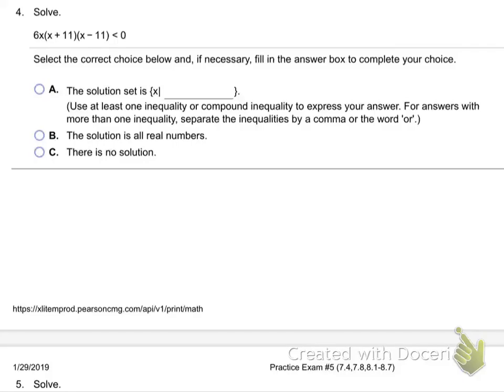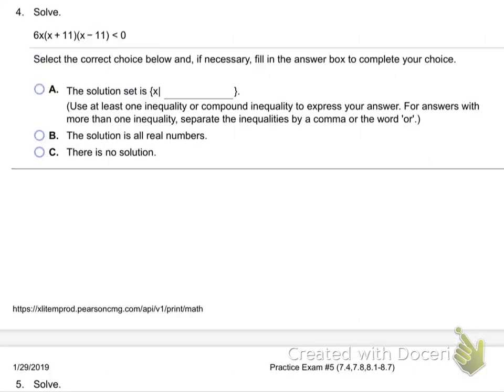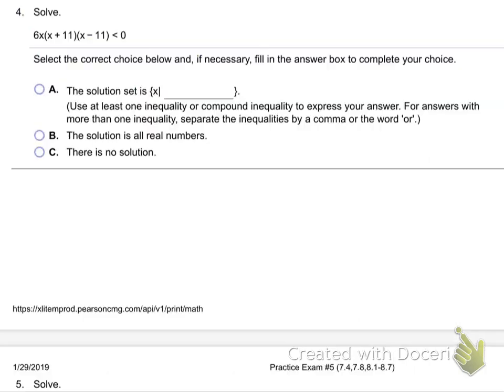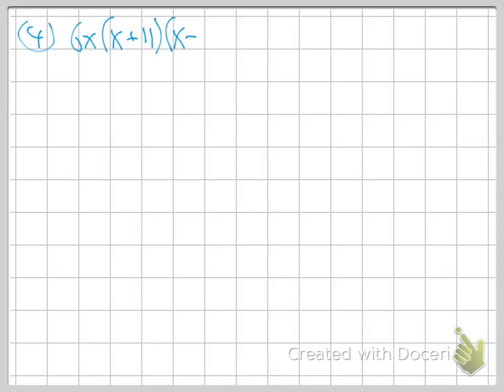All right, number 4, let me rewrite it for us. 6x, x plus 11, x minus 11 less than 0. All right. What are we going to do? This is a certain form you need to recognize.